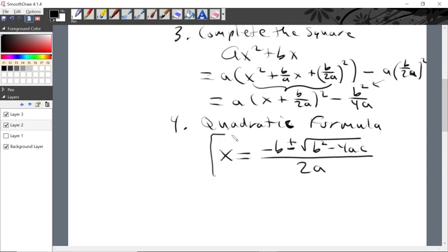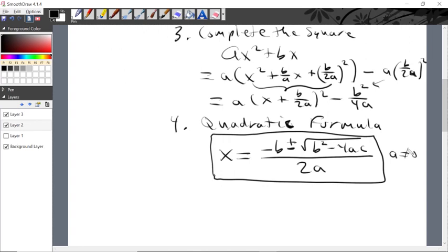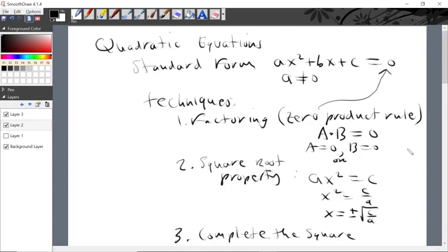This gives us a formula that will allow us to solve every quadratic equation in a single variable that we would ever see, as long as a is not equal to 0. But we already said a would never equal 0, because if it did, then we would in fact have a linear equation.